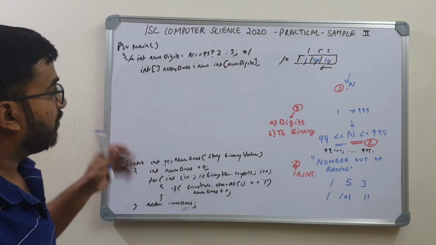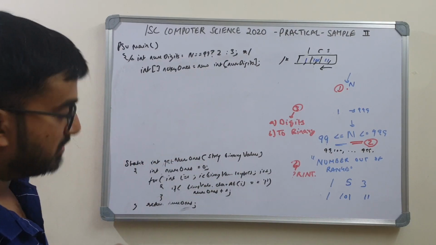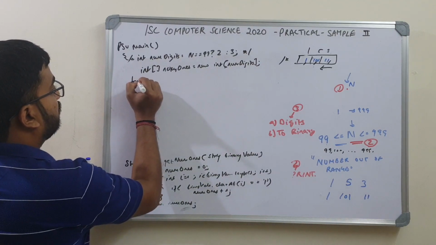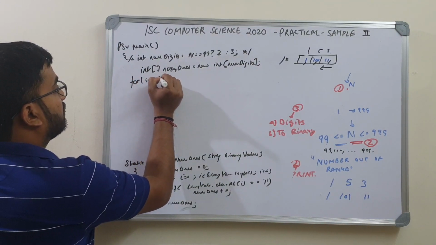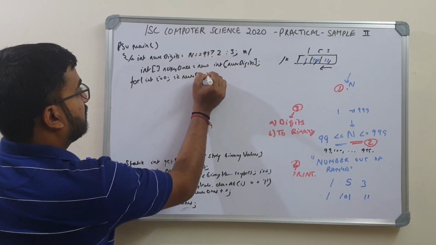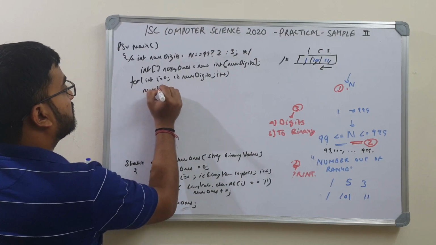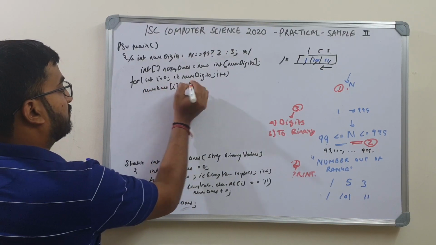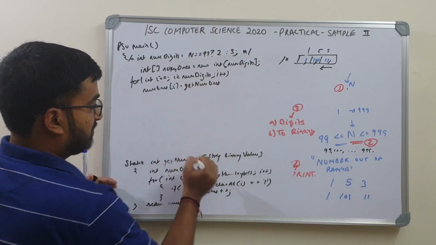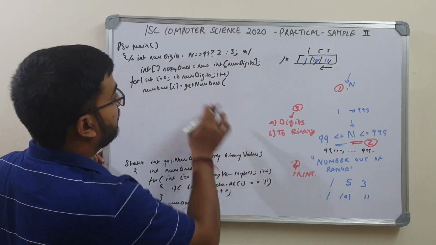All right, so we have got num ones, right? And then we have to find the digit with the maximum number of ones. So let's just store them. I'll say for int i is equal to 0, i is less than num digits, i plus plus, and I'm going to say num ones of i is equal to get num ones, passing the corresponding binary value for this ith digit.